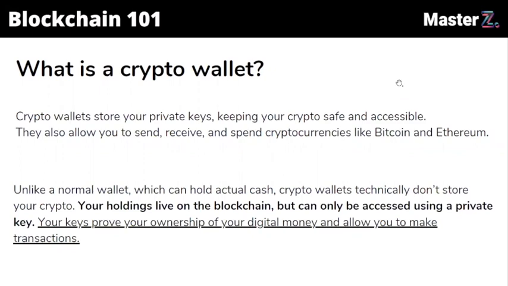The wallet just says that you own that piece of information inside the blockchain. You can access this wallet with your private key. Your keys prove your ownership of your digital money and allow you to make transactions.